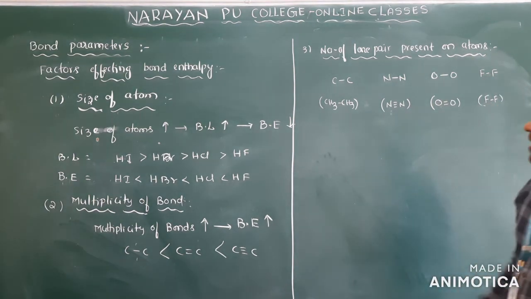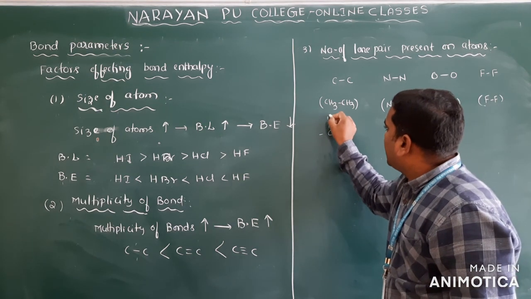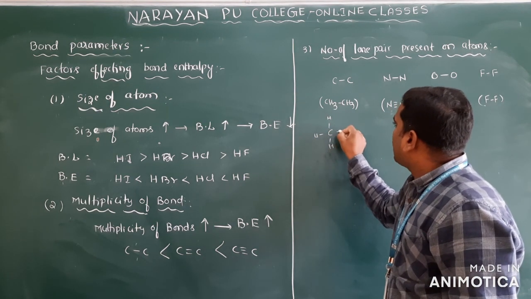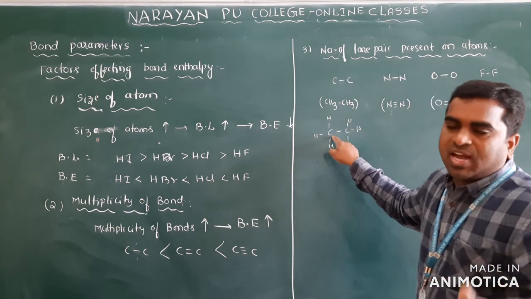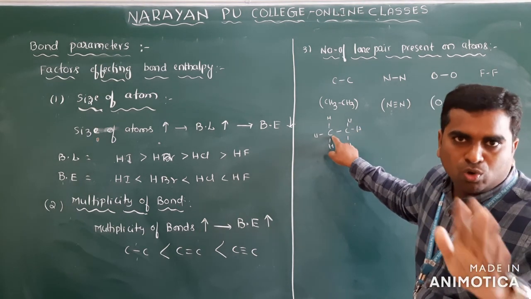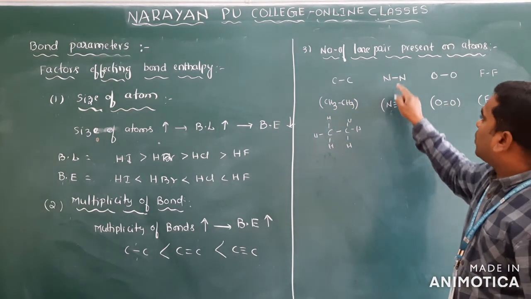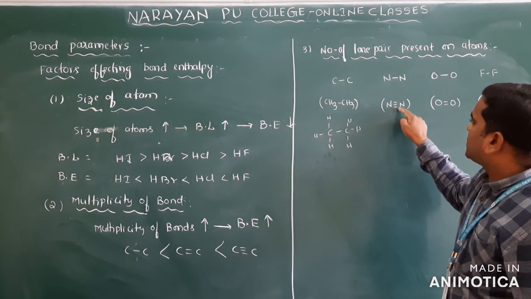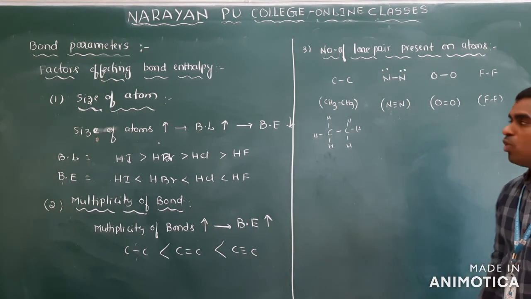See now. In this case, carbon forms how many bonds? Carbon is forming 4 bonds. Will carbon have any lone pair of electrons? No, so there is no lone pair. But nitrogen is forming 3 bonds, so nitrogen will have 1 lone pair.